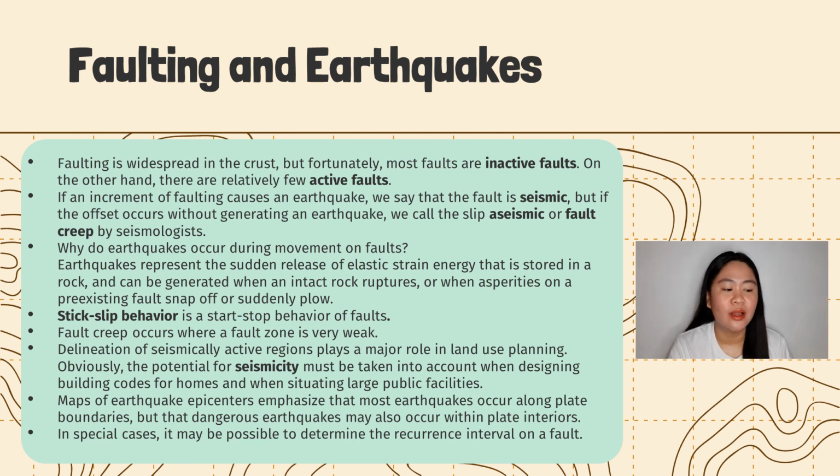Rubbing two bricks while applying some pressure is a good analogy of this process. This start-stop behavior of faults is called stick-slip behavior. If we accept this modeling of faulting, fault creep occurs where a fault zone is very weak, perhaps due to the presence of weak material, hydrolytic weakening in the fault zone, or high fluid pressure in the fault zone.